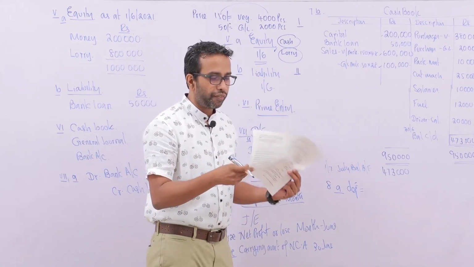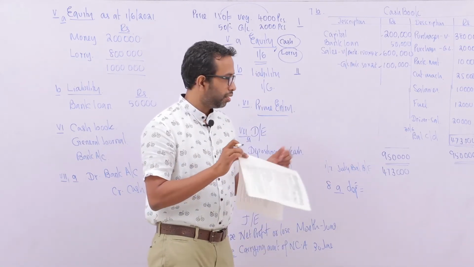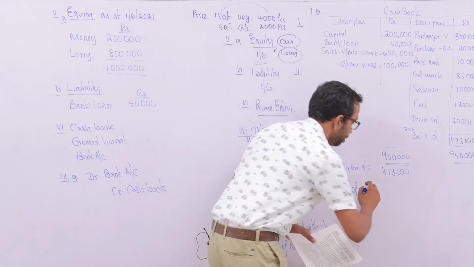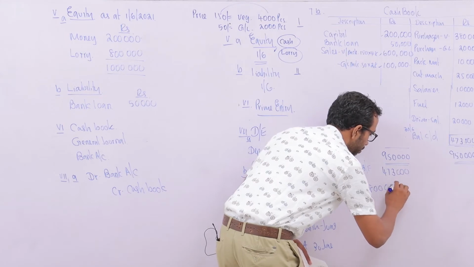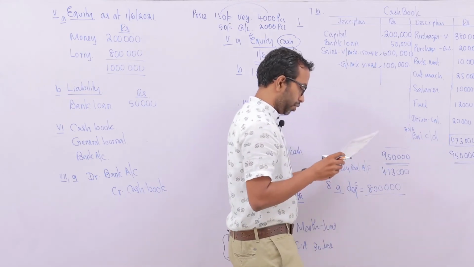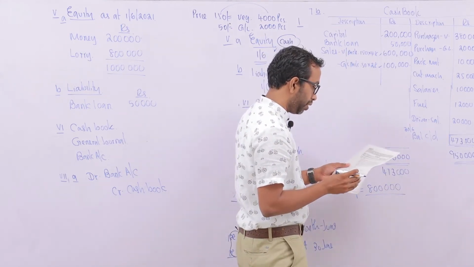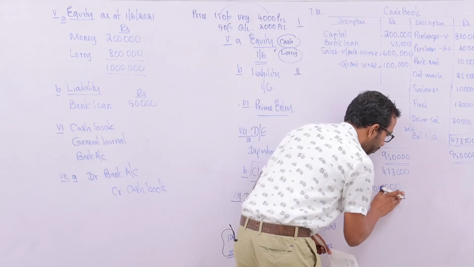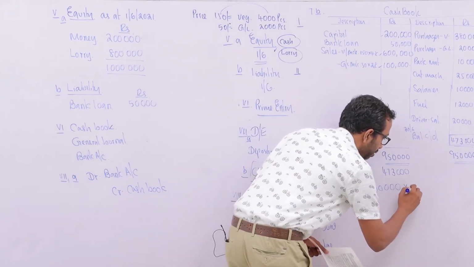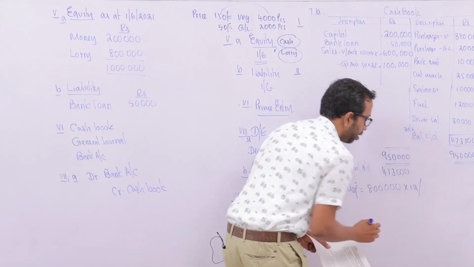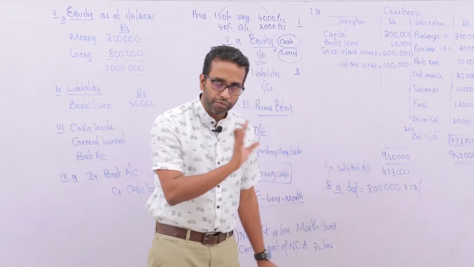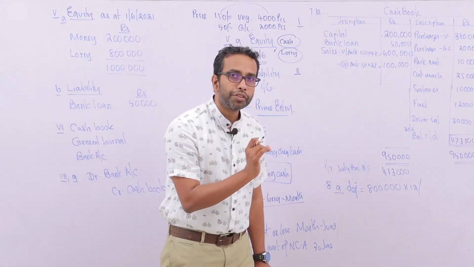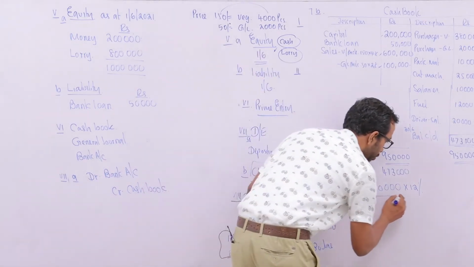The lorry scrap value has not been given here, so you directly take the cost, 800,000, divided by the useful life, which is not given. You take the depreciation rate, and this is for annual. Do not do any calculation, believe it. This is an annual depreciation, that divide by 12.